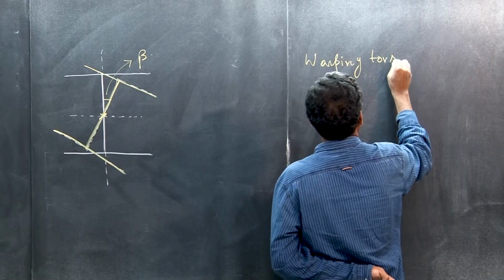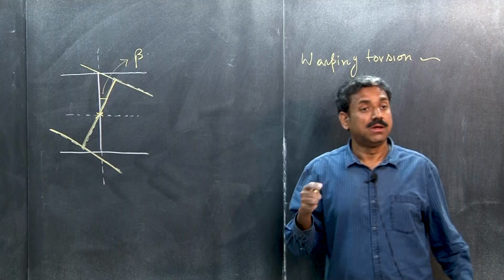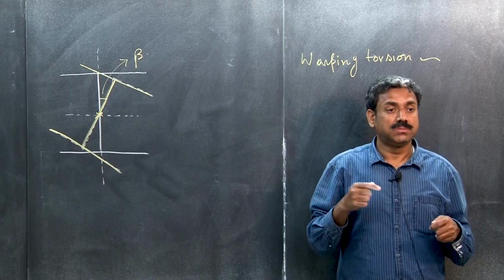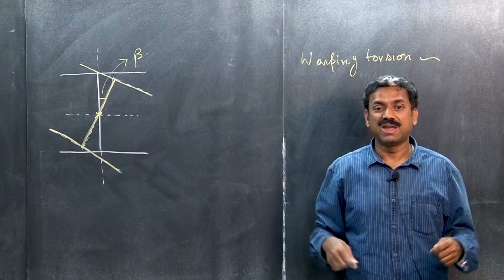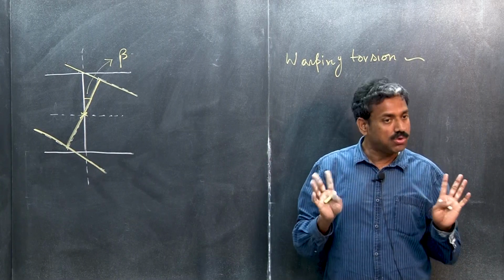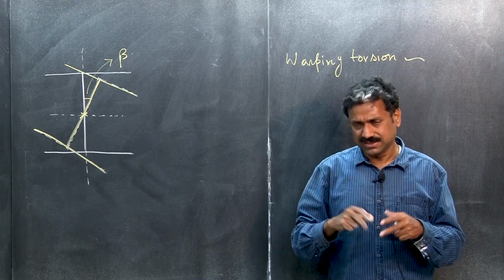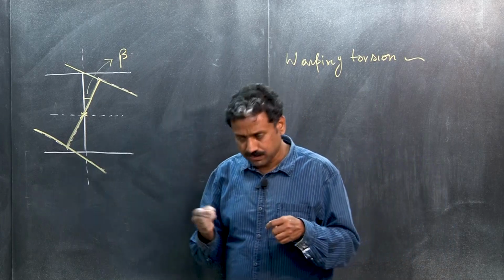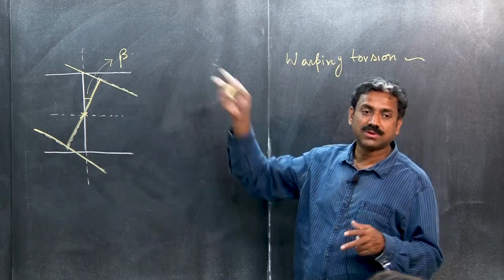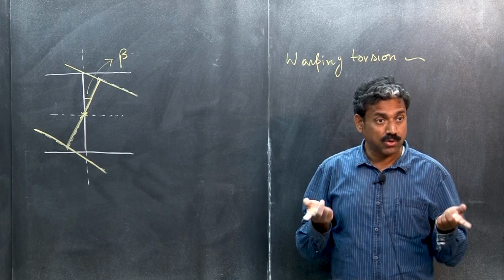I am not going to introduce you to the Vlasov theory, bimoment, or sectorial coordinate. I am going to make it very simple, because those things are not in the present context. We are only concerned about the torsional-flexural buckling.